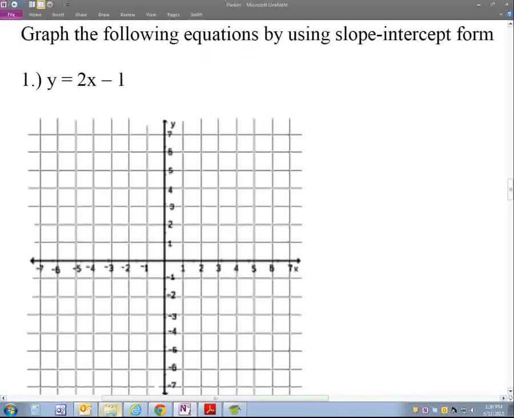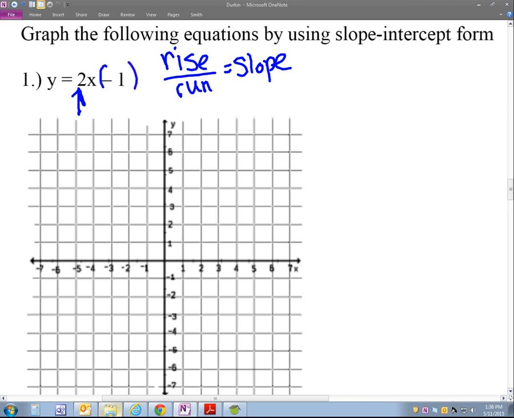So let's do this in the form. This is the slope, which remember is rise over run, from last night's homework. Actually, it was Friday, Saturday and Sunday night's homework. I jumped Thursday. And this here is going to be the Y-intercept. Because my Y-intercept is -1, it crosses the Y at -1, or 0, -1.